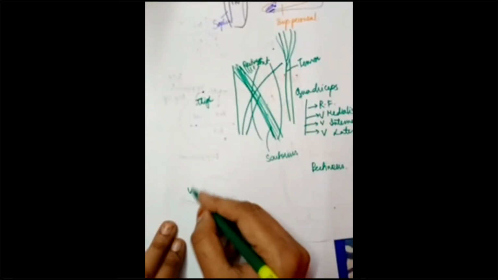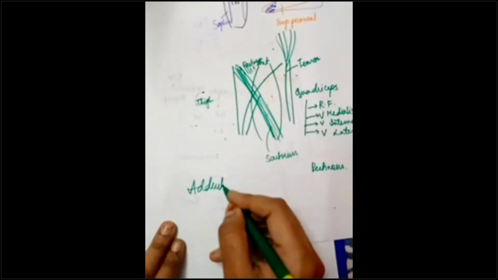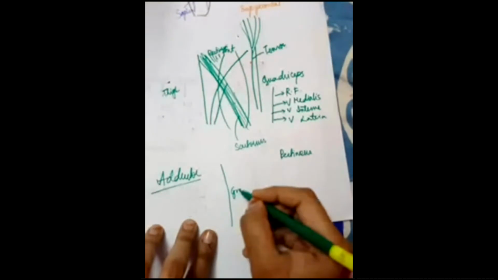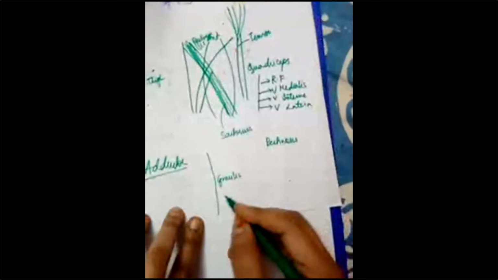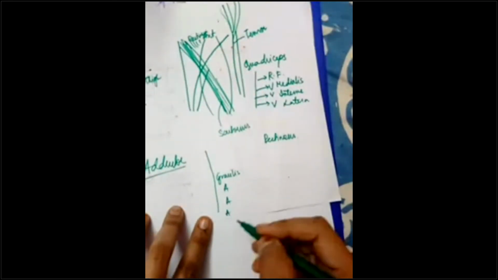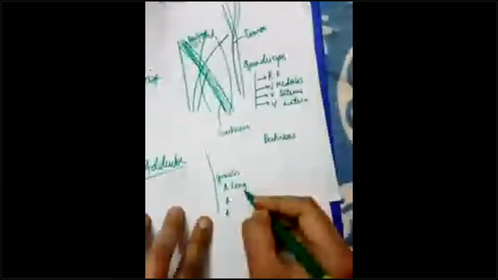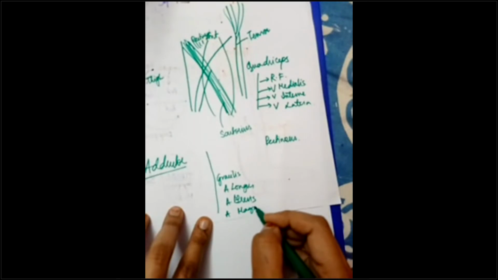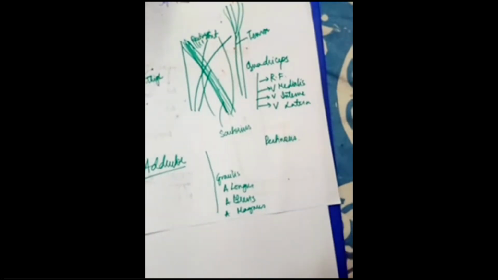Anterior compartment done. Now moving on to the adductor compartment. Nothing is easier than this. First write your gracilis muscle, then your adductor longus, brevis, magnus. Done. Okay.